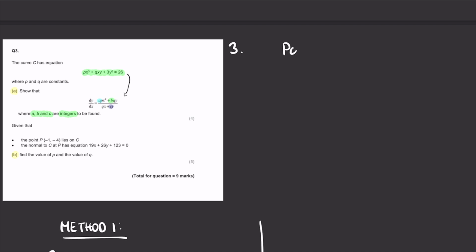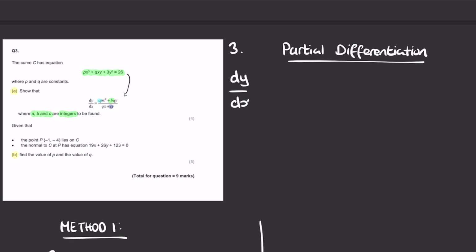So partial differentiation, I'll write it out really quickly. What this is basically is kind of like implicit differentiation. You only differentiate with respect to the letter that you want to differentiate with. For the notation, normal differentiation is dy by dx, which means differentiate the function y with respect to x.